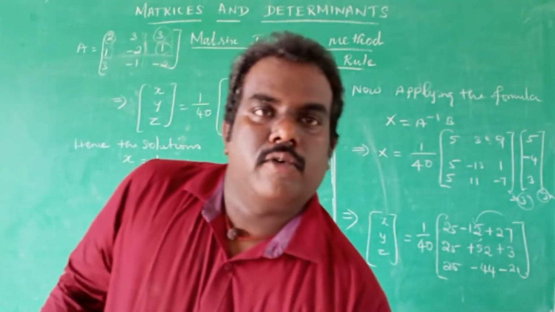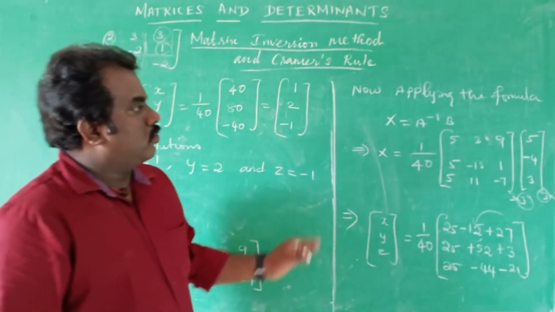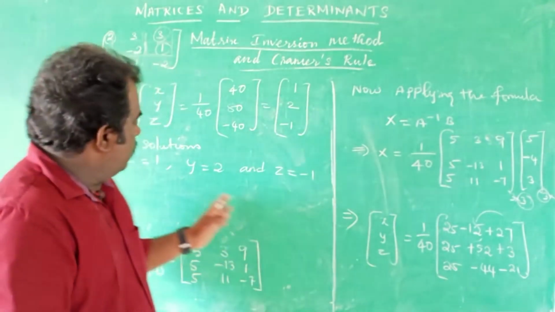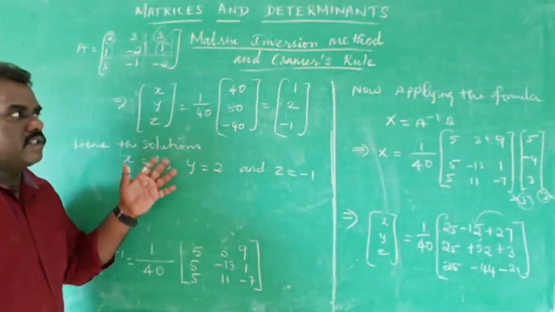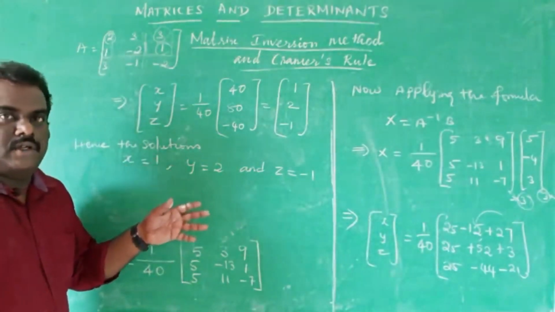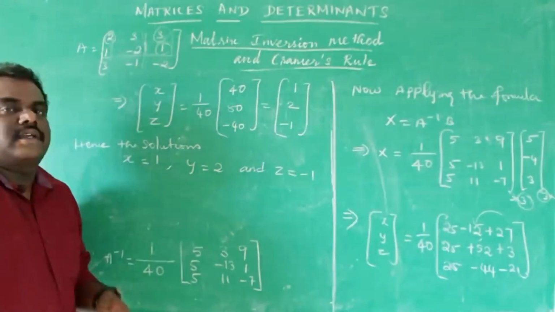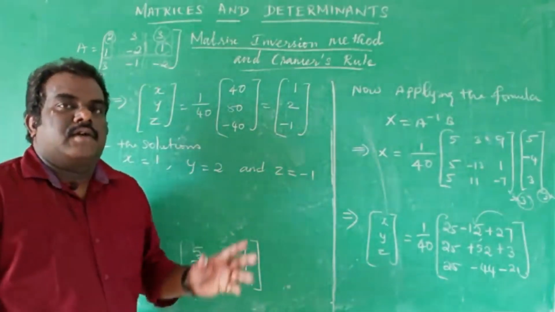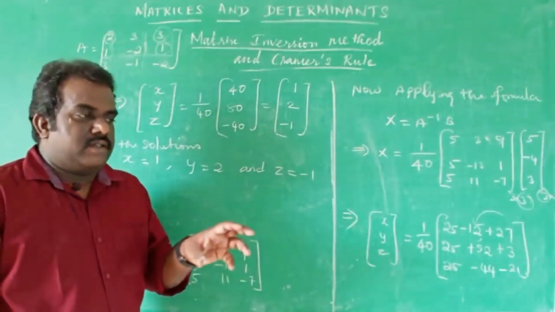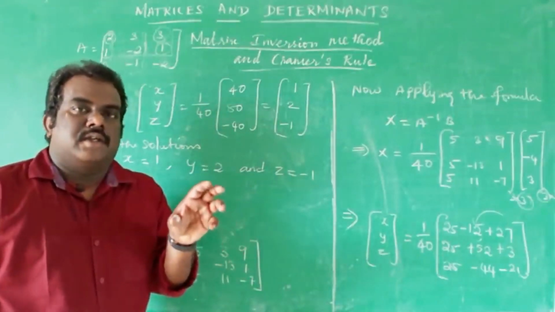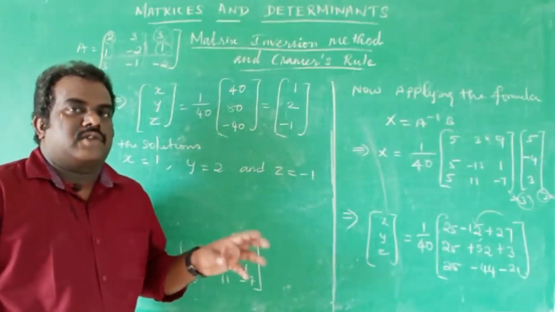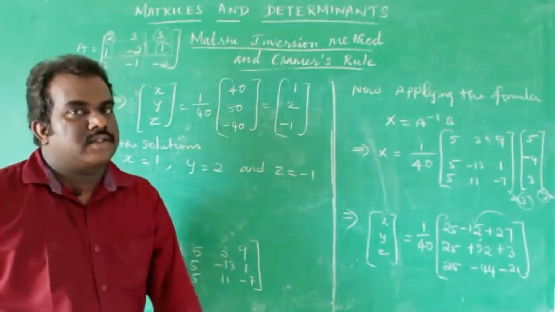So, this is how we use our matrix inversion method to solve a system of linear equations, as we saw in this class. The given system of equations in linear form can be written as AX is equal to B, where A is the coefficient matrix of the given system. Check that the coefficient matrix is a square matrix and non-singular. If the given square matrix is non-singular, it means that A inverse exists.